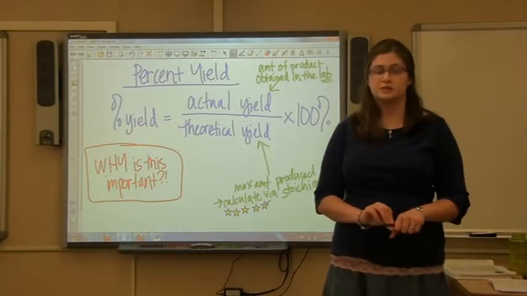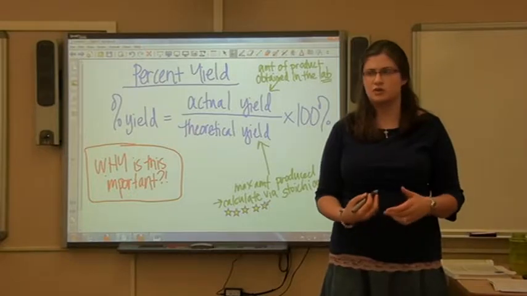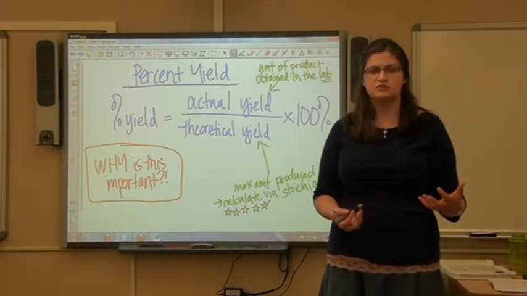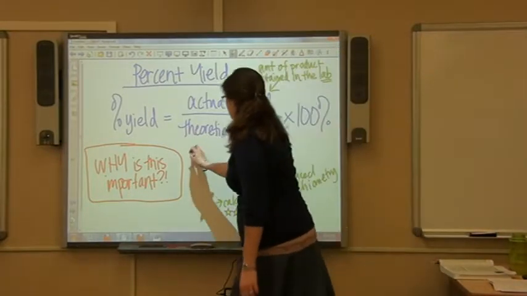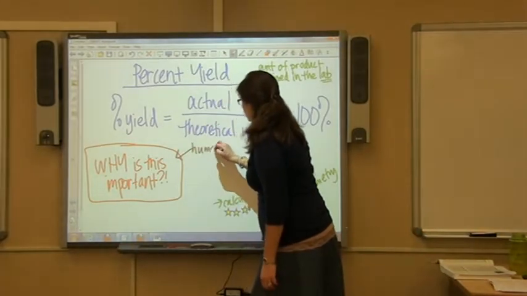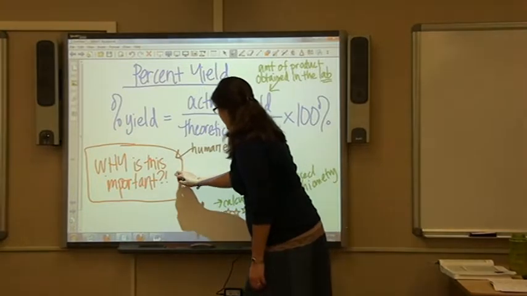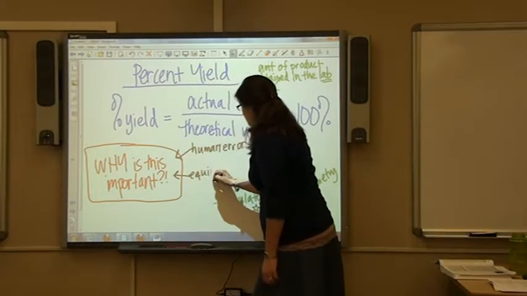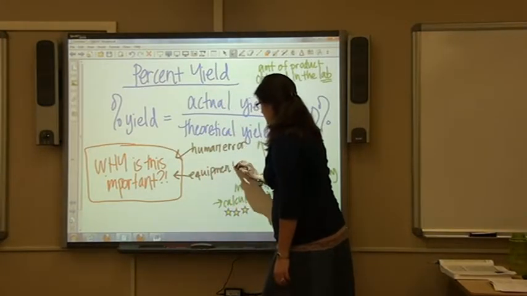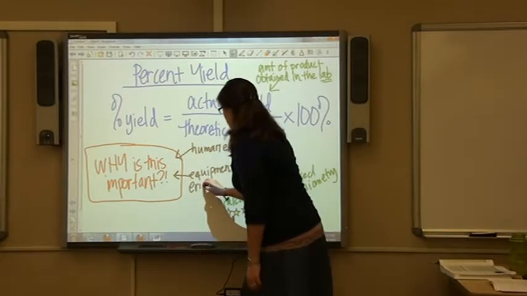There's a lot of experimental error as it relates to equipment error. So we have human error. Then we have equipment error. That would be like when you have the scale that doesn't read out properly.